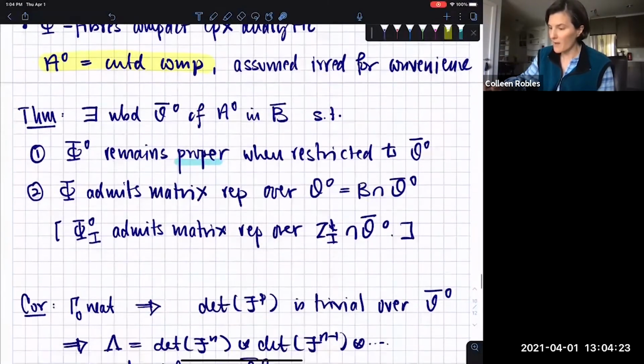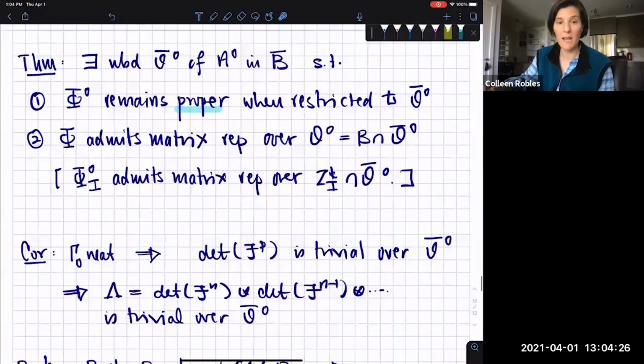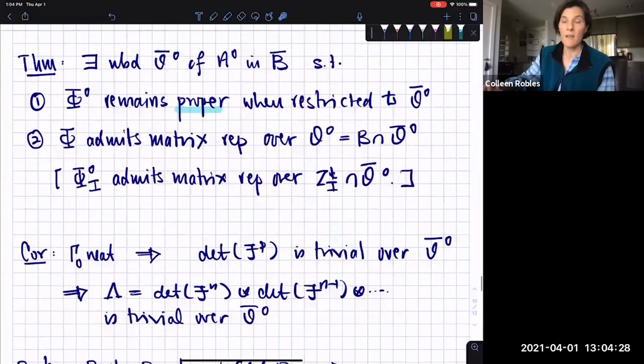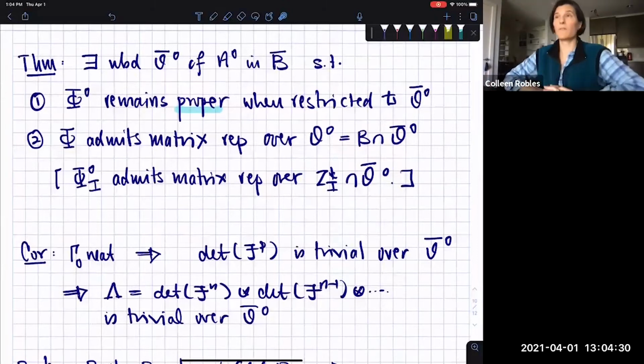And then the theorem I finished with last time is that we have a sort of generalization of Schmid's nilpotent orbit theorem, which you can think of as saying that if you go out to a point at infinity, there's a local coordinate chart around that point where the period map can be represented by a period matrix. What this theorem says is that you can extend that statement to not just a neighborhood of a point, but a neighborhood of that fiber A naught.